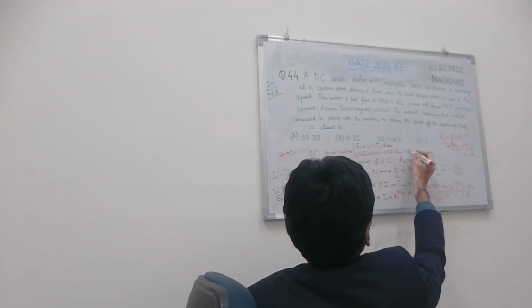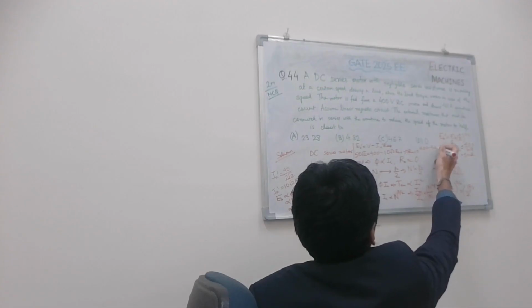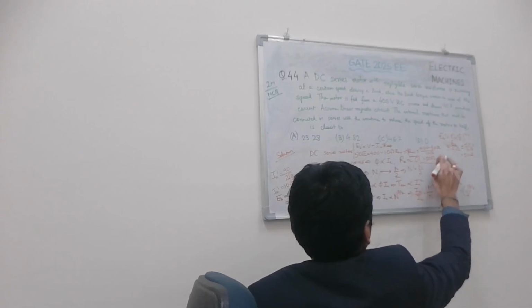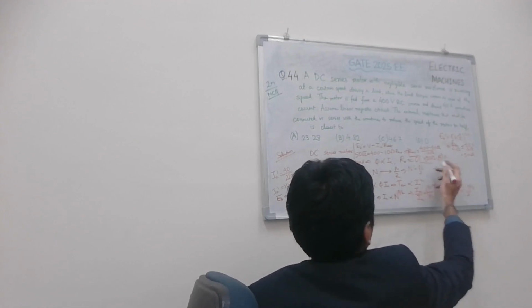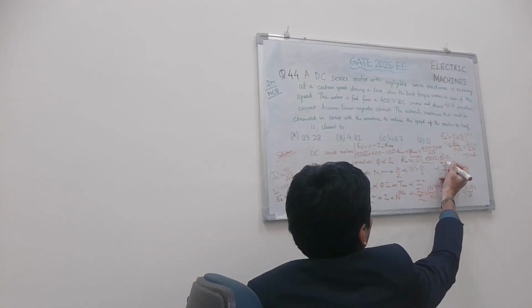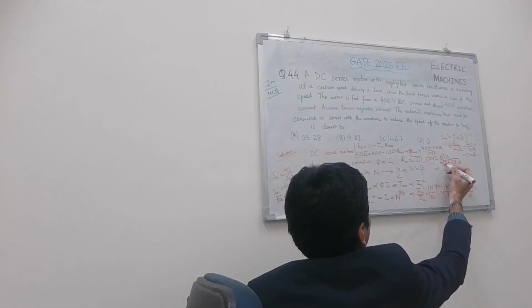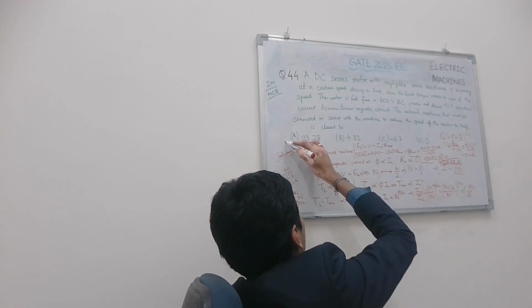From this, we can find R external as 400 minus 50 root 2 over 10 root 2. So we get this as 20 root 2 minus 5. If you put the values, we get 20 root 2 minus 5 as nearly equal to 23.28 ohms. So this is option A.